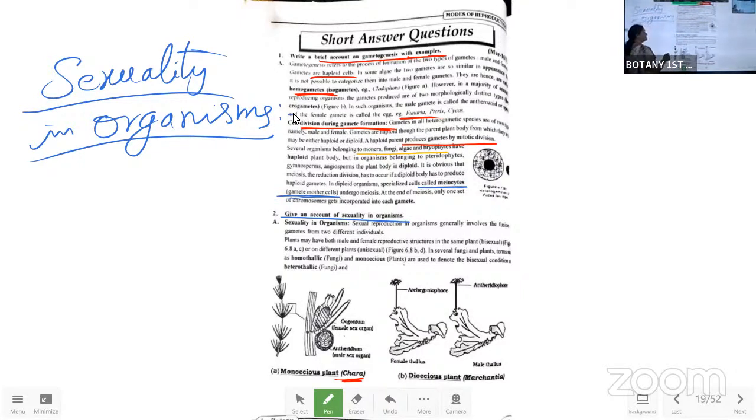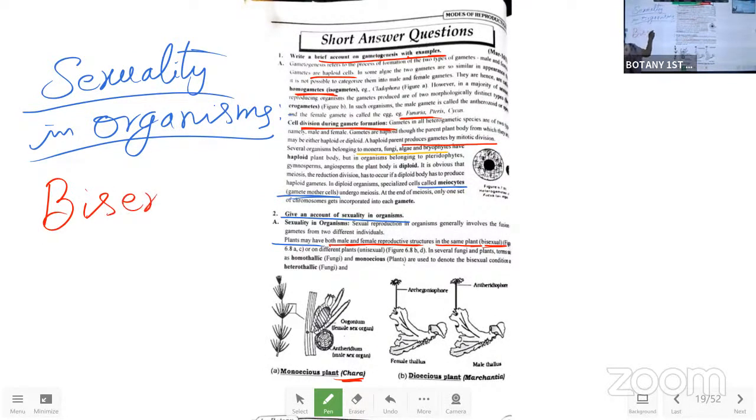Some plants will be having both the male and the female sex organs on the same plant. Male and female sexual reproductive organs are on the same plant. That is the bisexual plants.